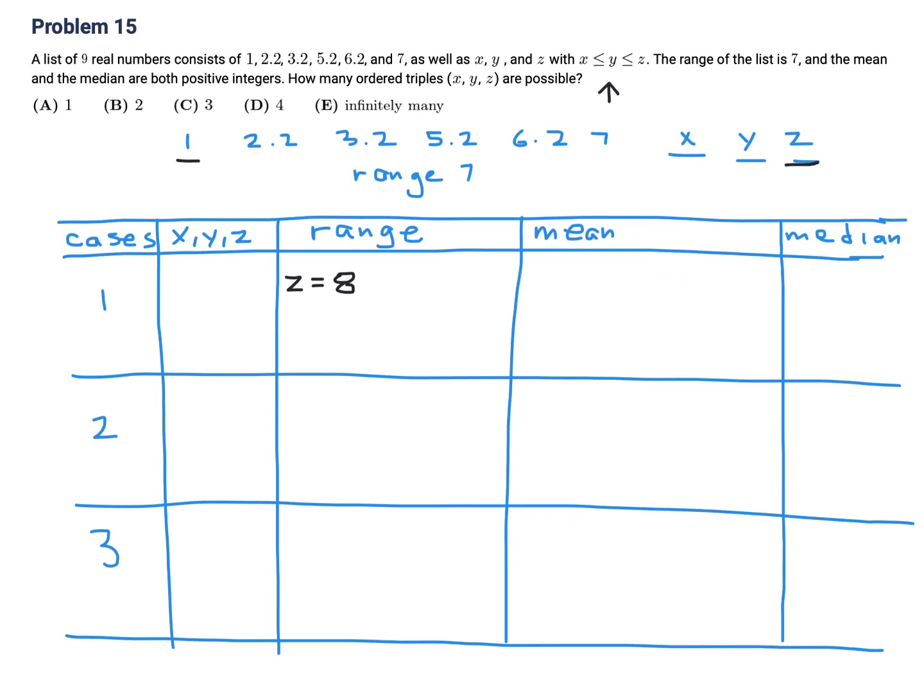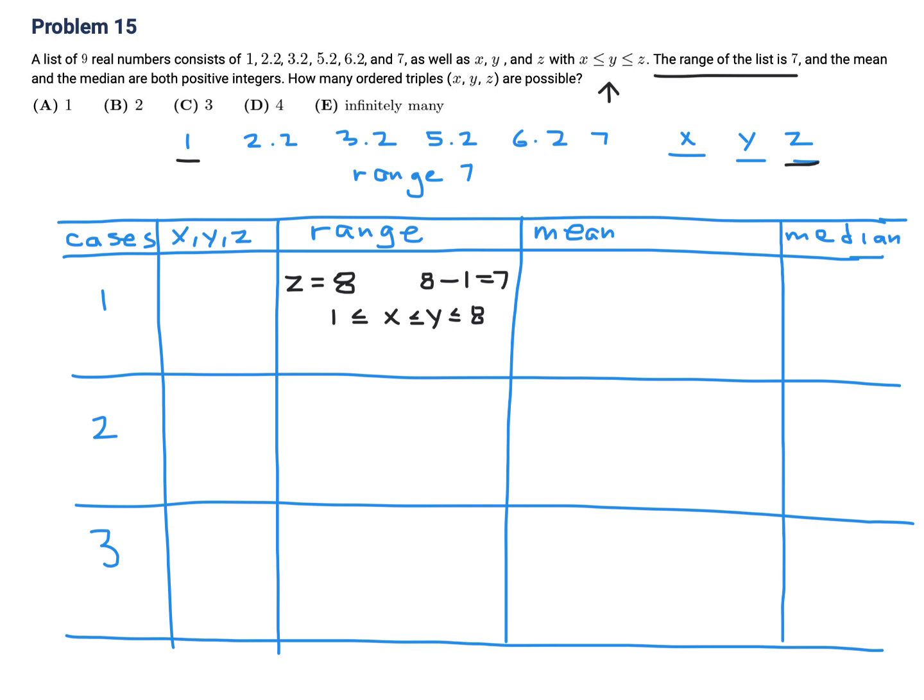The range is 7 right there. So if the range is 7, that would be in this case 8 minus 1, which is 7. So okay, that works. And that means that 1 is less than x, which is less than or equal to y, which is less than or equal to 8. So that part has to be established first.